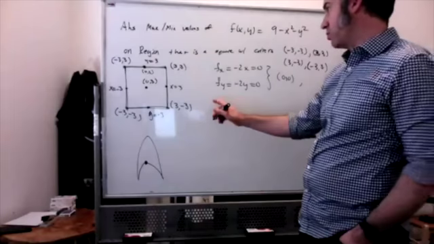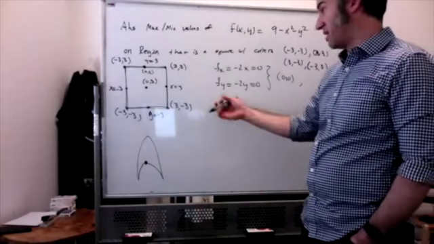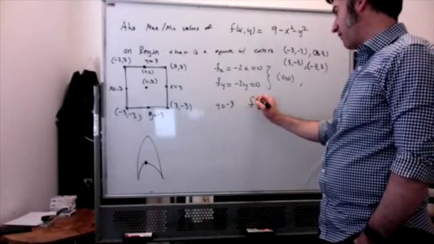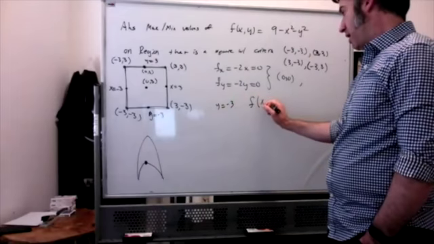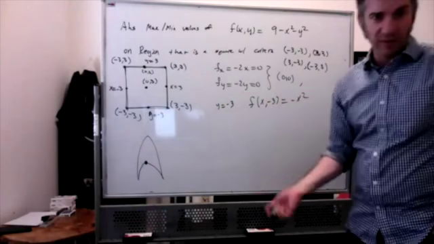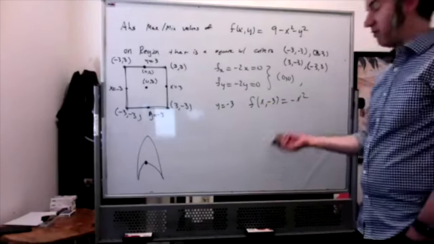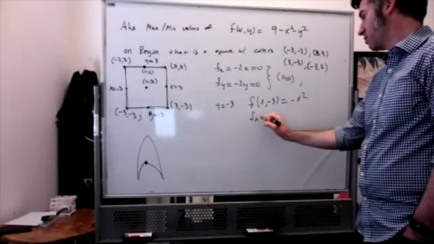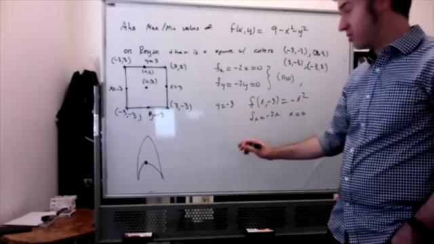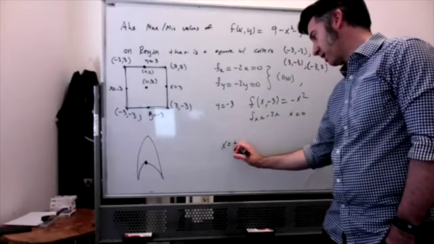You're going to get the same thing for y equal to -3. If y equals -3, f of (x, -3) is also negative x squared, and the derivative will be equal to -2x, which gives you x equal to 0, so you get (0, -3). And then you can do the same thing for x equal to ±3.